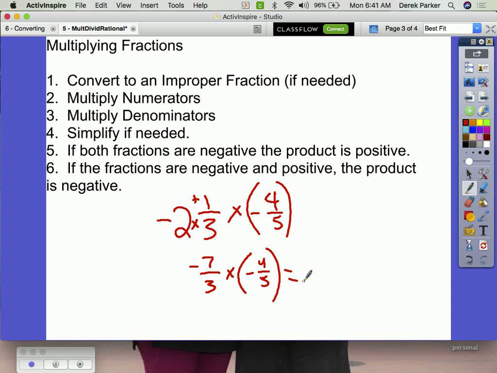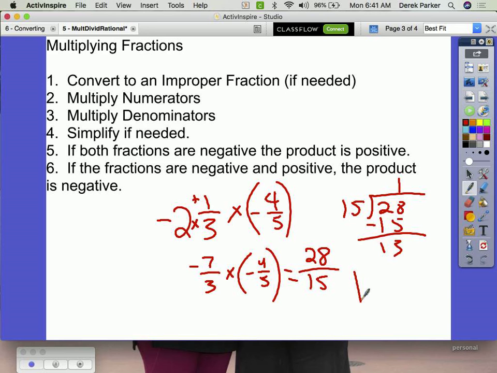Negative times a negative is a positive, so our product is going to be positive. 7 times 4 is 28 over 15. Divide 15 into 28 one time with 13 left over, so I get 1 and 13/15.